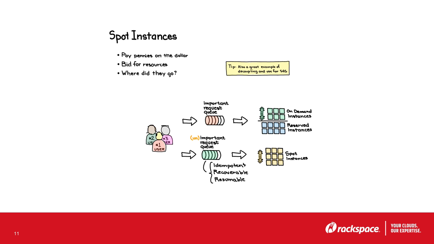A good example of that would be a service that was resizing images or watermarking images, making sure that you could restart that process if the EC2 instance it was running on, for whatever reason, was no longer available. In this case, it was a spot instance that you were outbid on.